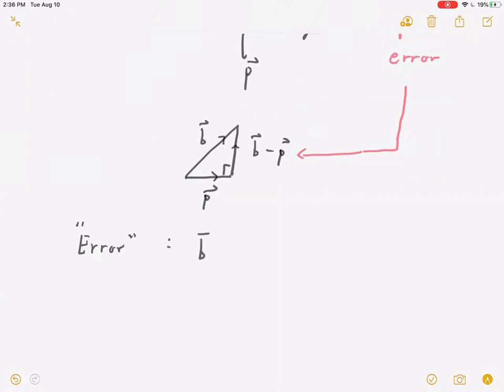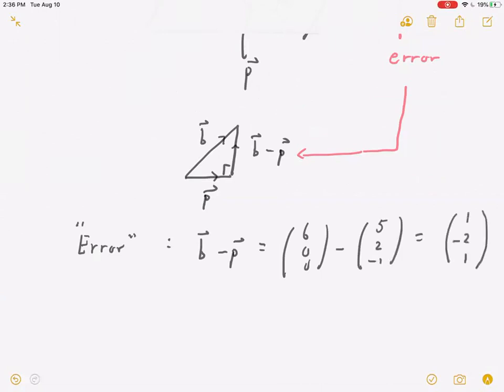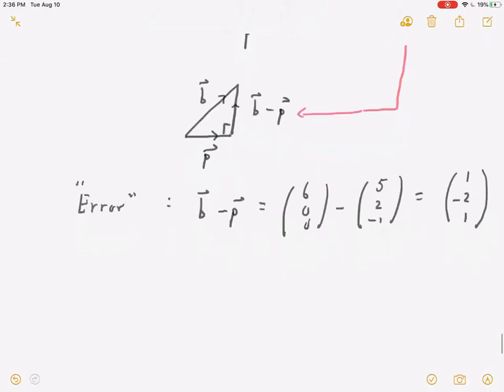So this is B minus P. And I know B and I know P. So it's simply a vector in R3 as a matrix that has 3 rows and 1 column. So I'll give you 2 assignments to check.